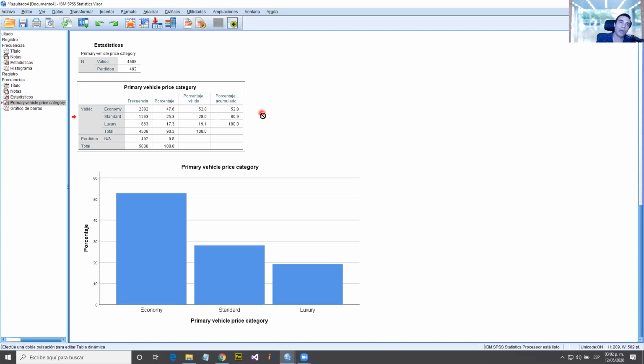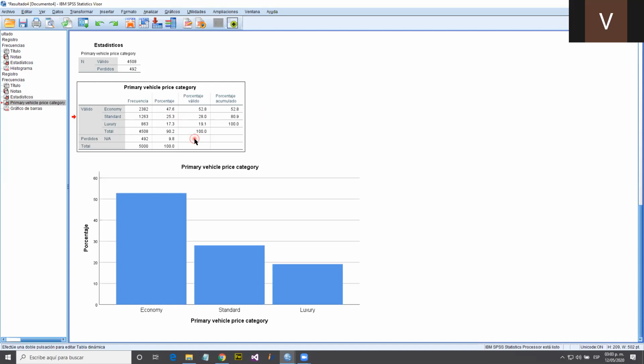I don't know, is it 25.3? No, it's 28. Why is it 28? What is the difference between this one and this one? Because this one includes lost values and this one is without lost values. So it's not counting the 492? Exactly. Yes, you can see it right here. They are not included.